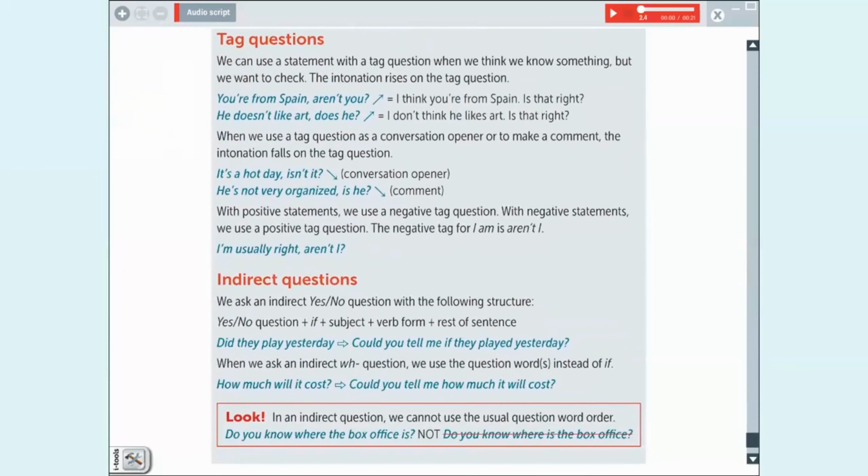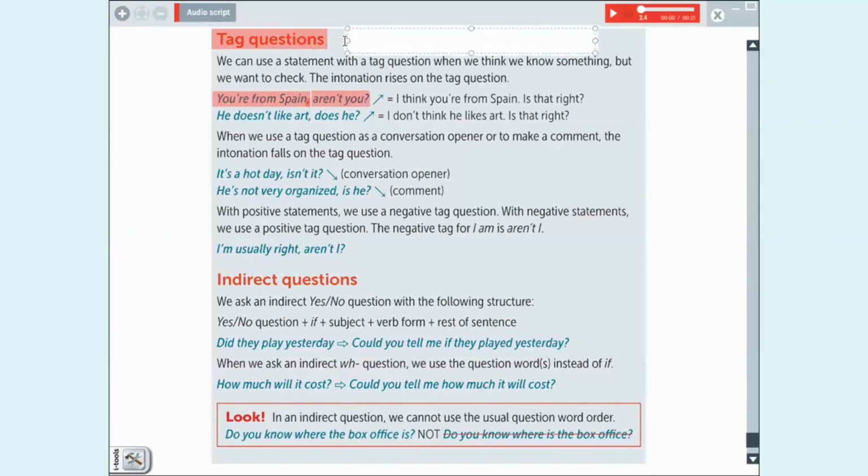Now, tag questions. Tag questions have the same function, they are used with the same idea as the negative questions. What is the difference now? The difference is that you have a statement, you put a comma, and then the tag question. That is the basic structure.